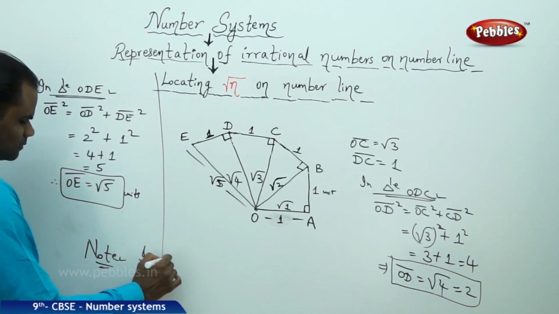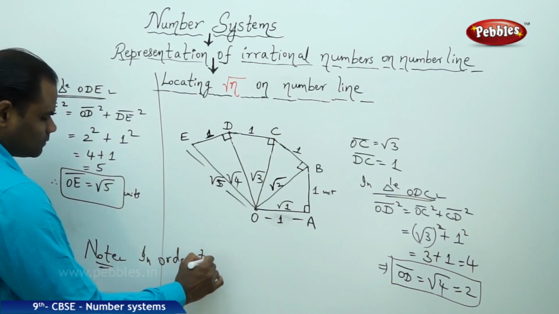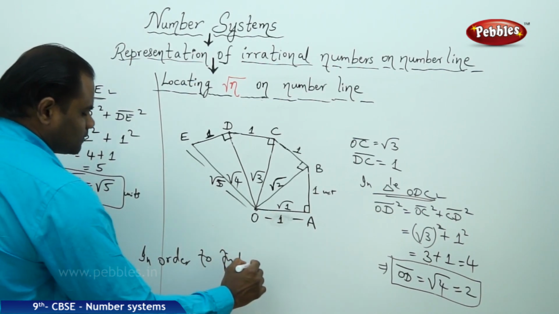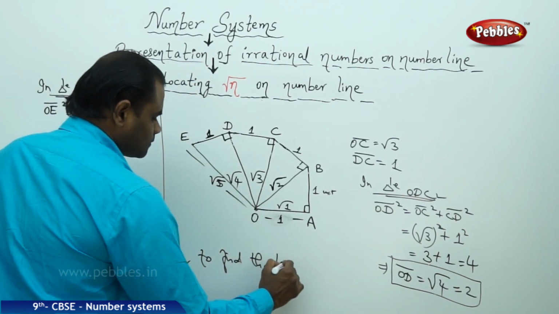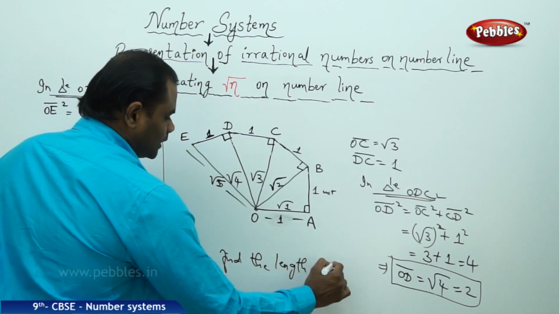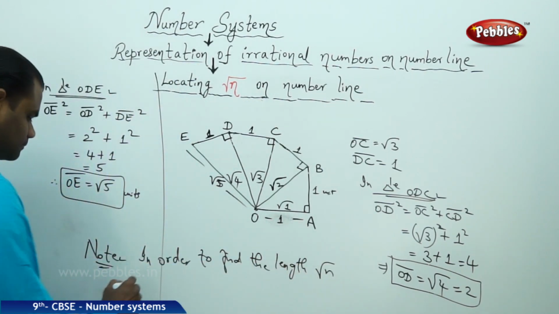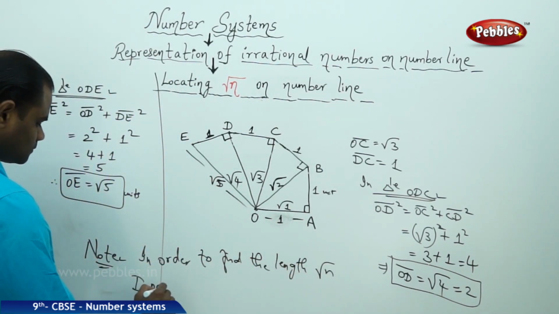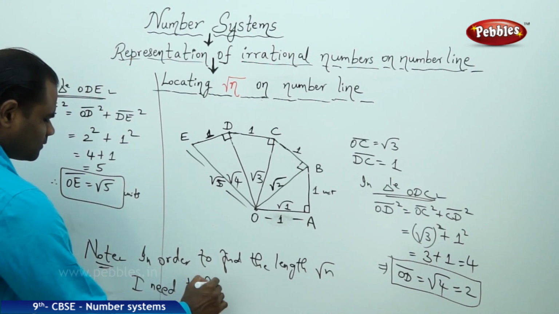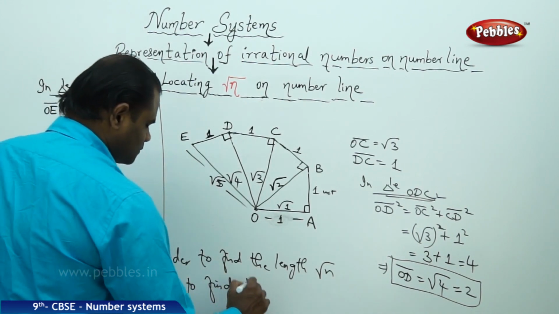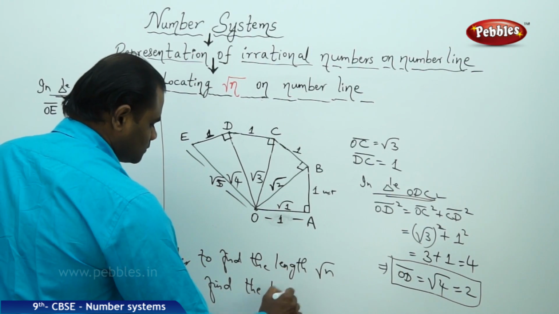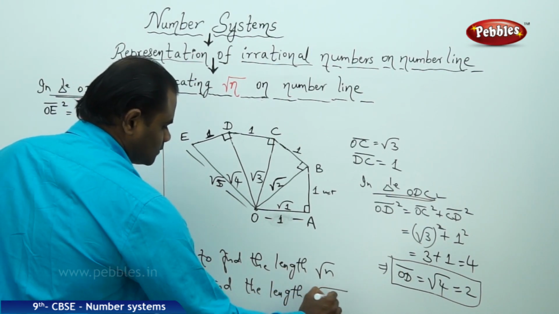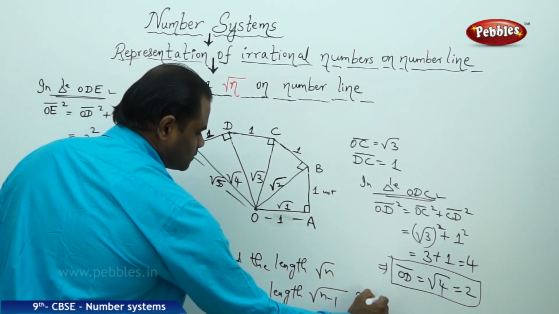In order to find the length root n, I need to find the length root n minus 1 first.